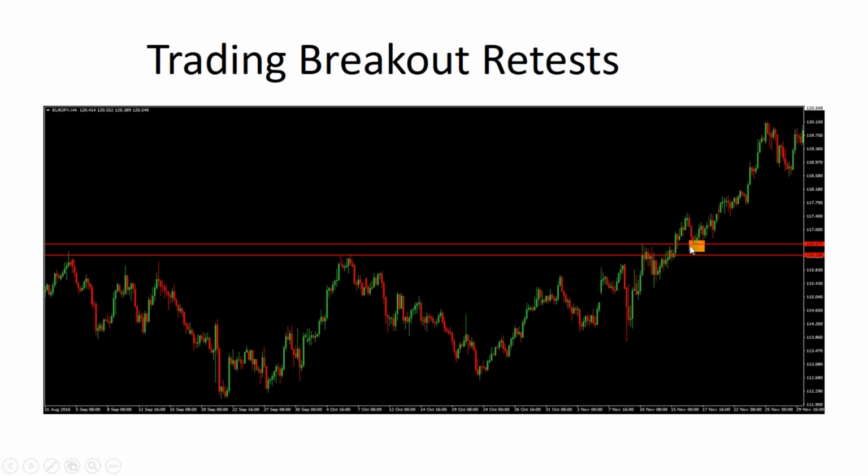So if price trades back down, retests this level and holds, then as price starts to move back up again, we can go ahead and enter the market, taking advantage of this dynamic.